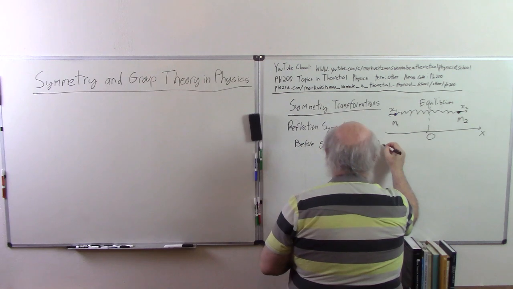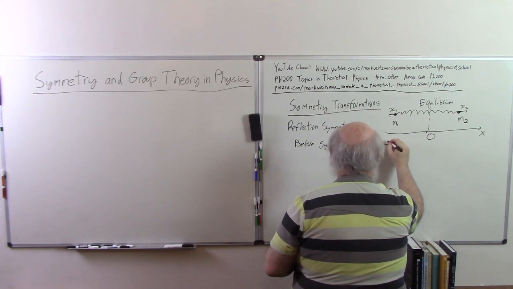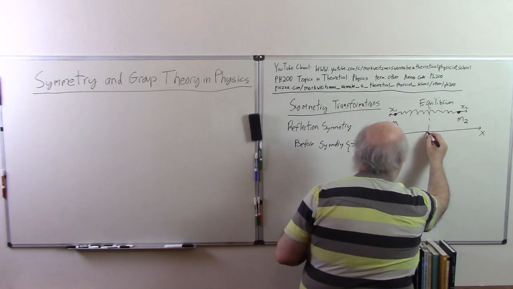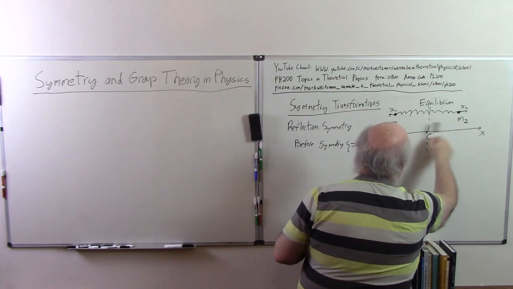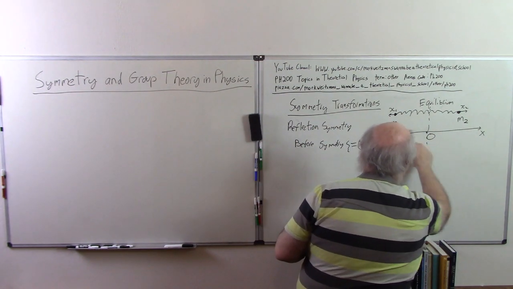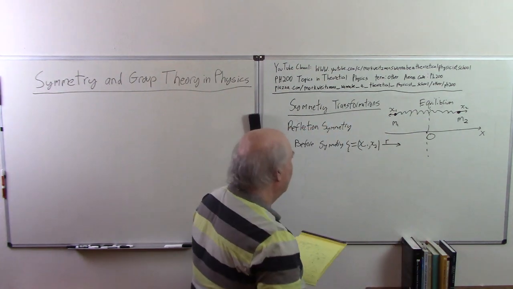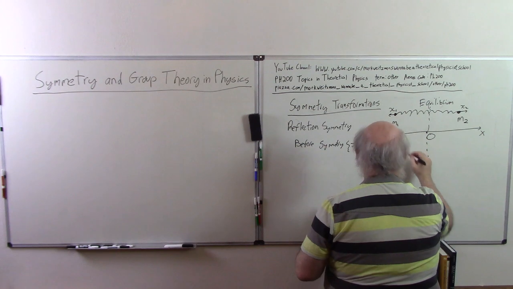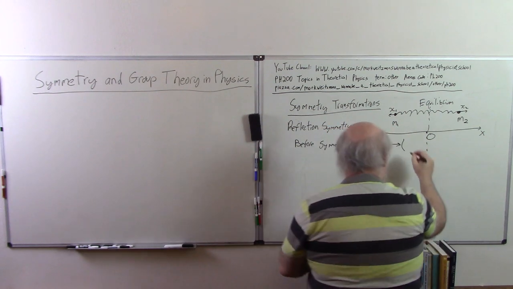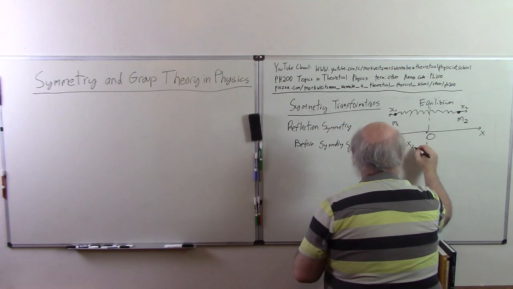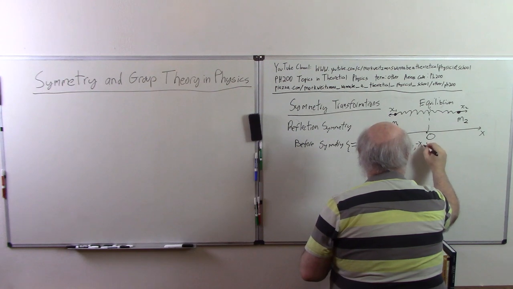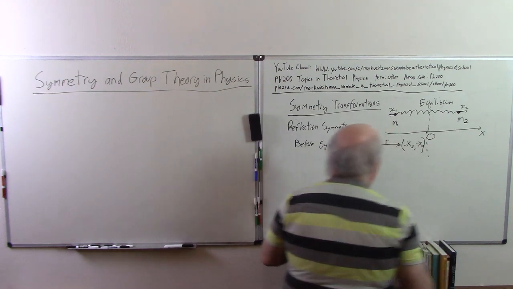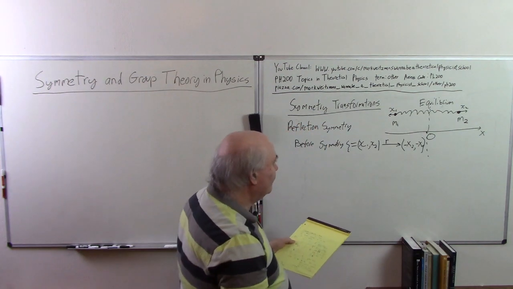And under the reflection R about this axis, even though it's a 1D problem, we're reflecting about this axis, this is going to go to minus x2, comma, minus x1. Sorry. So why is that?